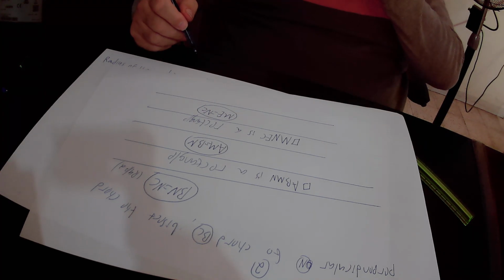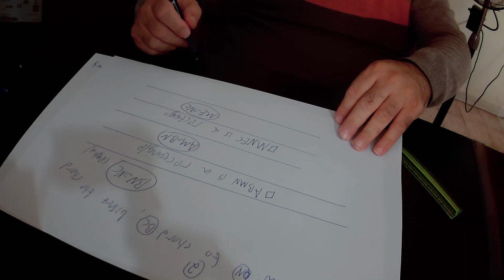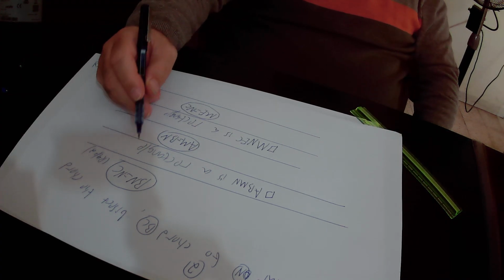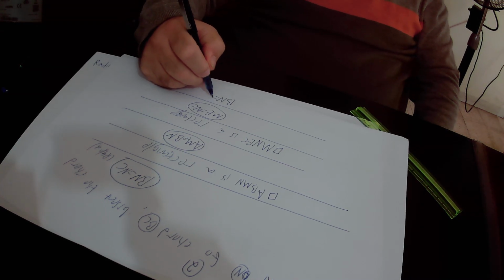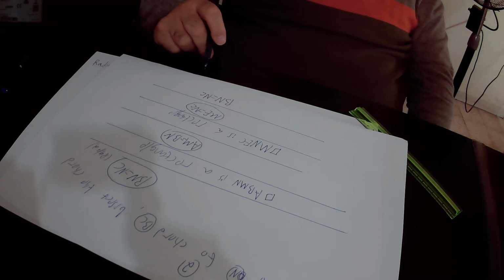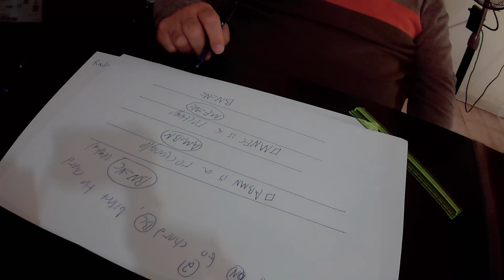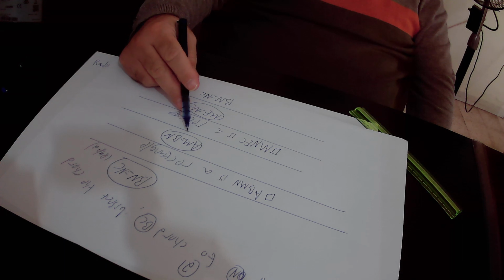So to summarize what we did until now, we found out that according to rule number 2, BN equals NC. And we also found out that according to the rule that the opposite sides of a rectangle are equal to each other, BN also equals AM.